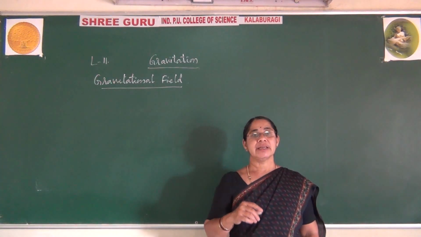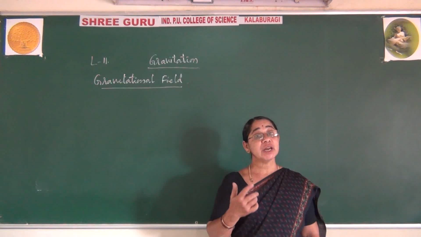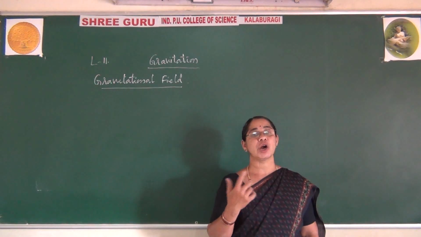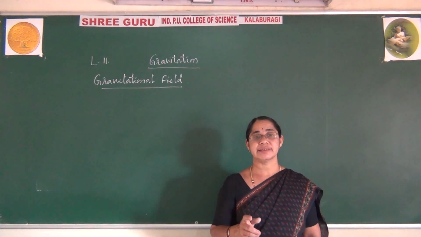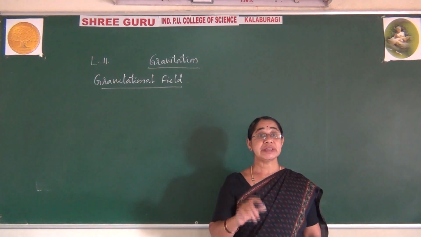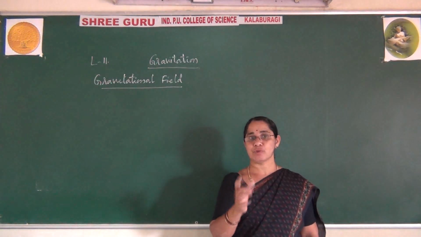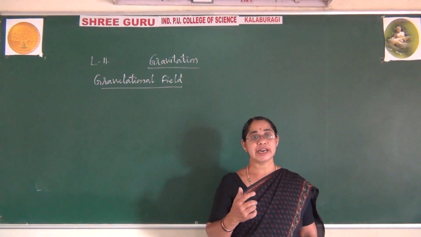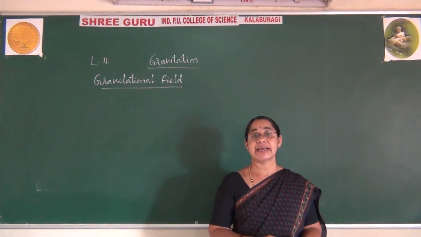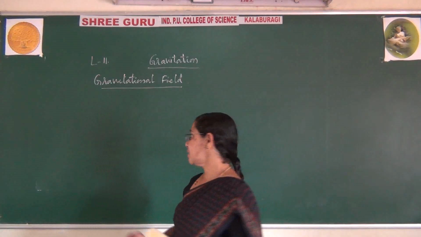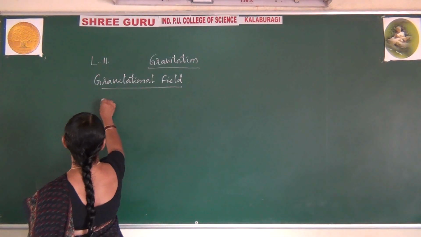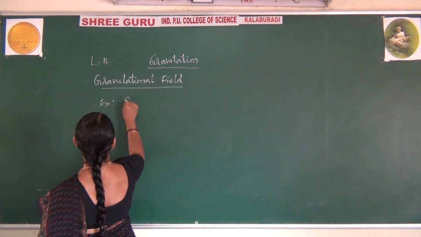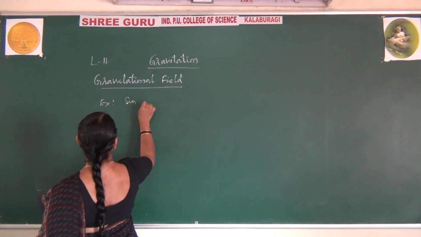We say that the object is not in contact with it. Even then there arises a force. So without contact also you are applying force. When you say without contact, we call it action at a distance. For example, there is a gravitational force between sun and earth.